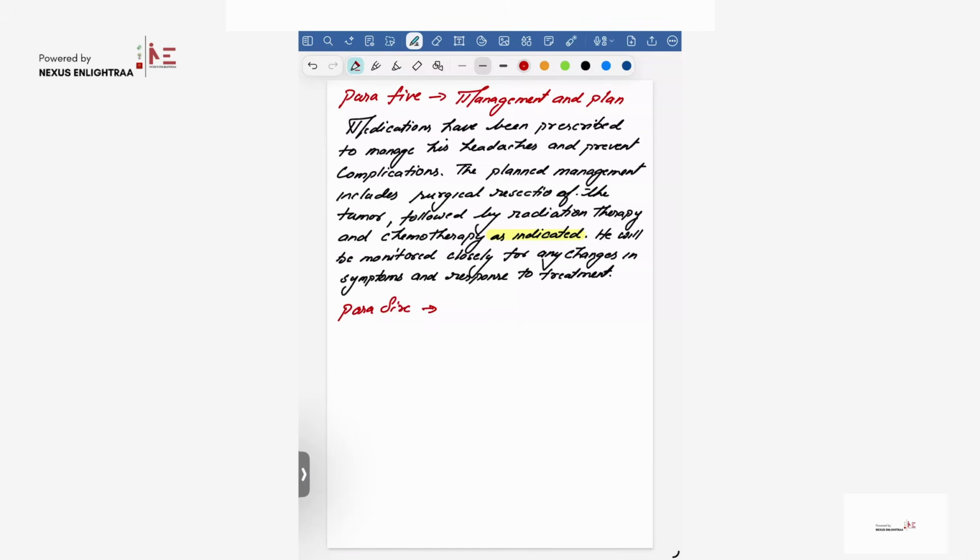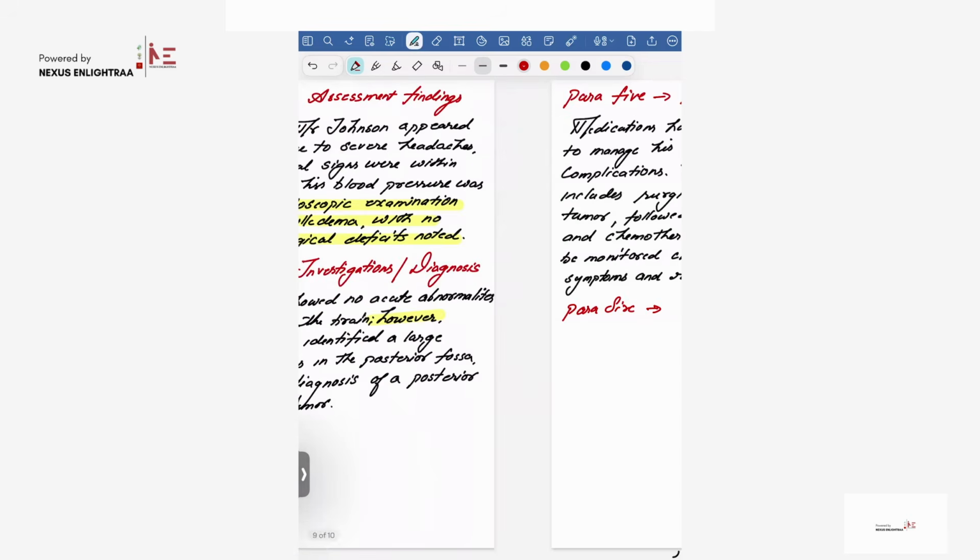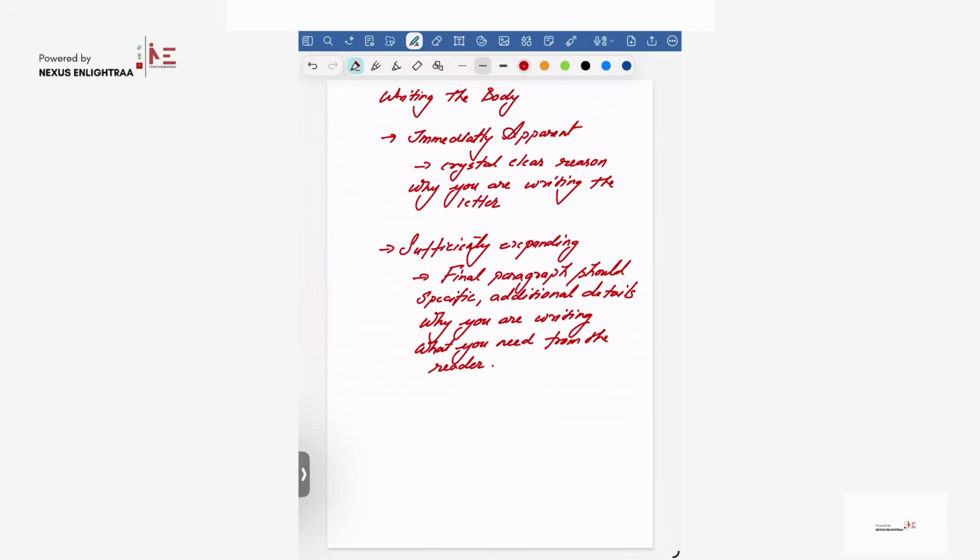Para 6 is the closing paragraph. This is purpose part 2. If you remember, we were discussing 2 purposes that you have to ensure that you meet. One is immediately apparent and the other is sufficiently expanding.